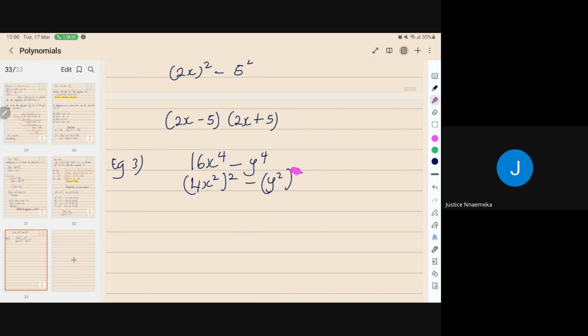Are you seeing it now? This means you can apply your difference of two squares to it. It's going to be (4x squared minus y squared)(4x squared plus y squared). So it's something you must pay attention to. You can split them into two. Does that make sense? You can factor them to get what you seek.